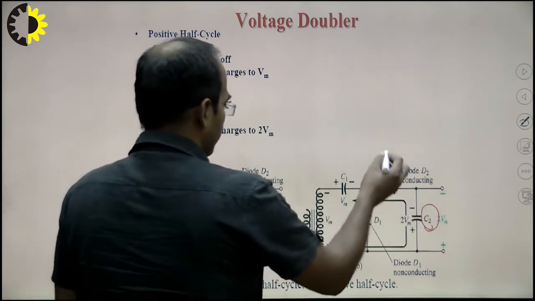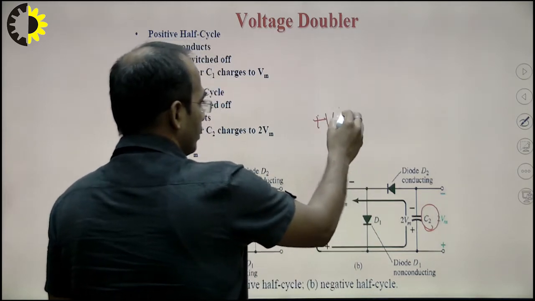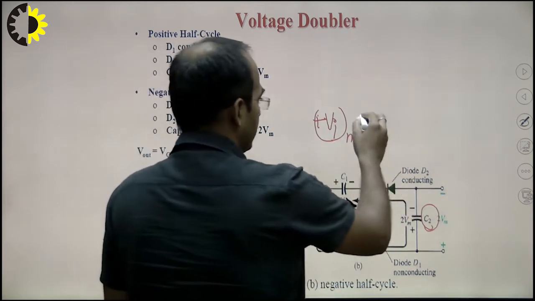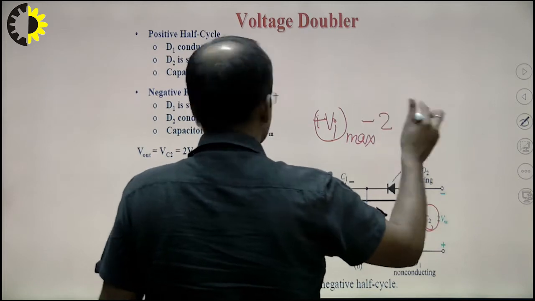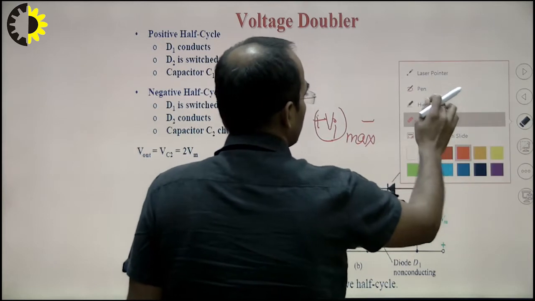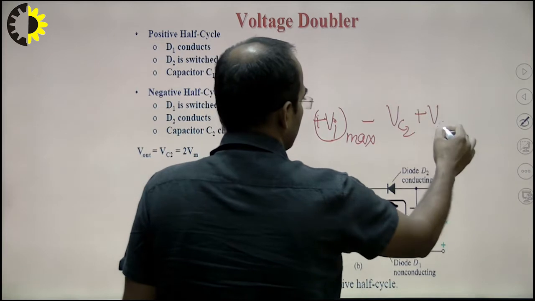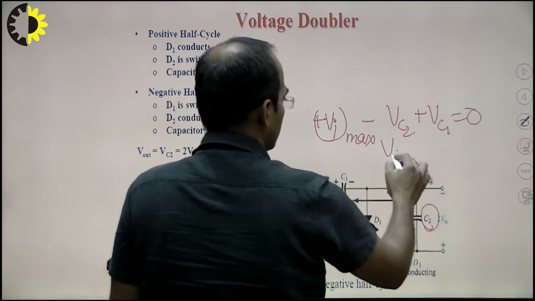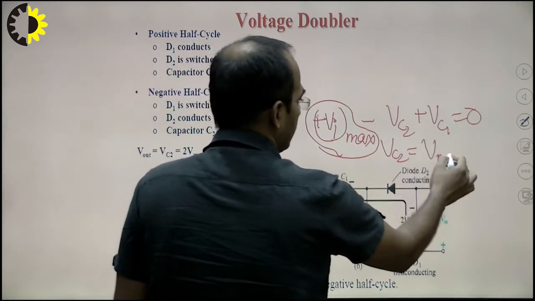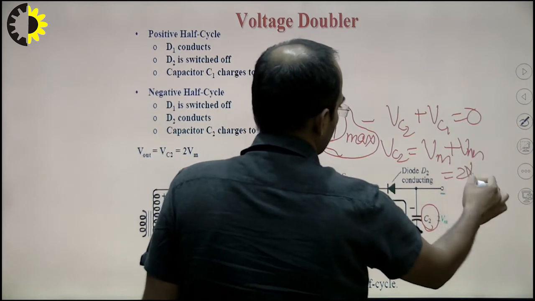So applying KVL, we get plus Vi maximum minus Vc2 plus Vc1 is equal to 0. So Vc2 is Vi maximum, which is Vm, plus Vc1, so this value will be equal to twice Vm.